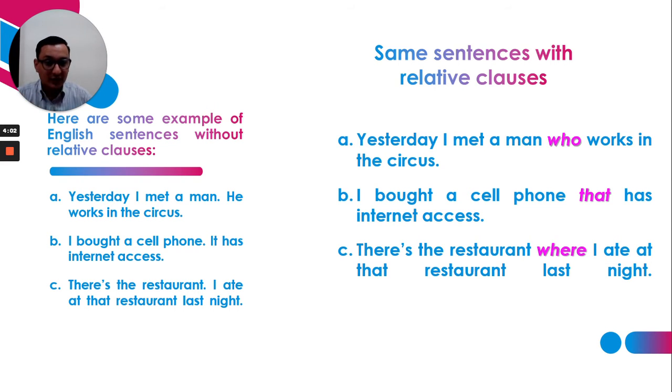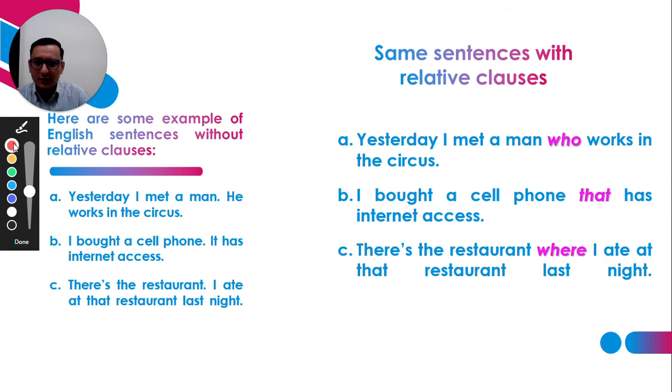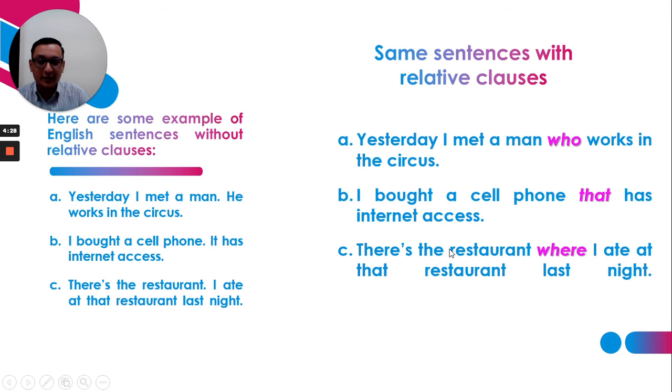I ate at that restaurant last night. Oh, where I ate last night. Since we already have this where, it's replacing this restaurant. So our job, just like in the previous one, is I ate at, last night. So we don't need this anymore. That's something to be very, very careful about.